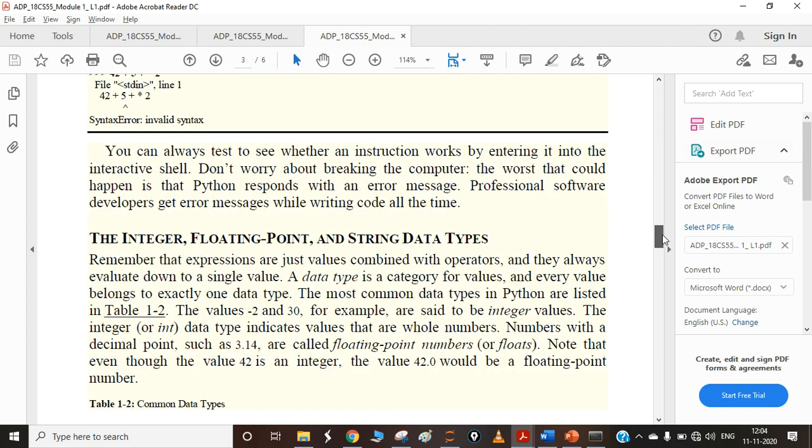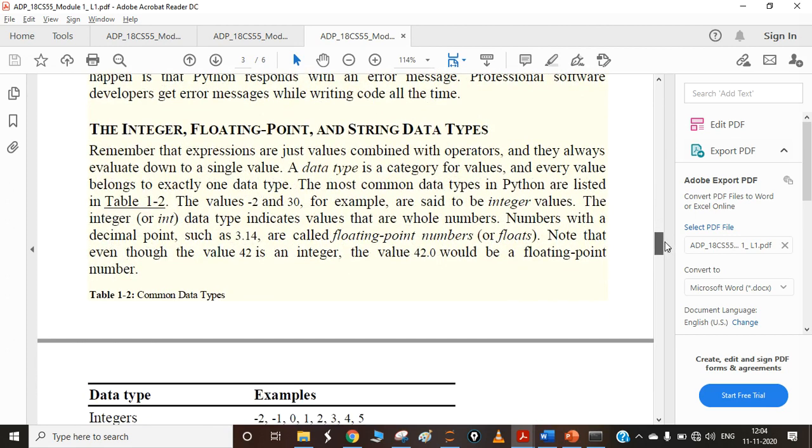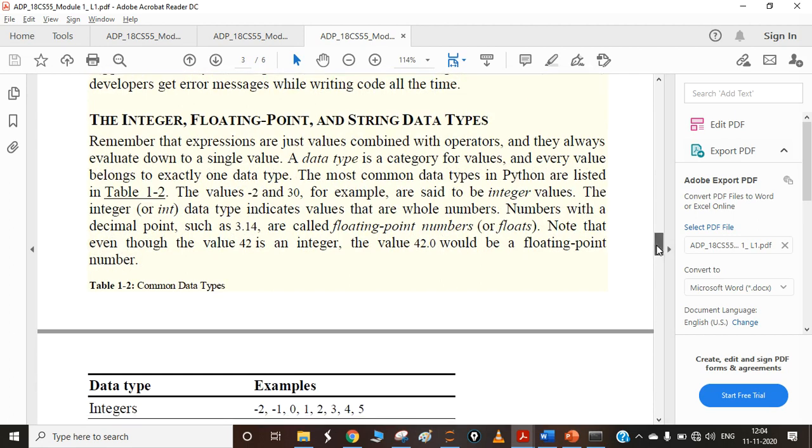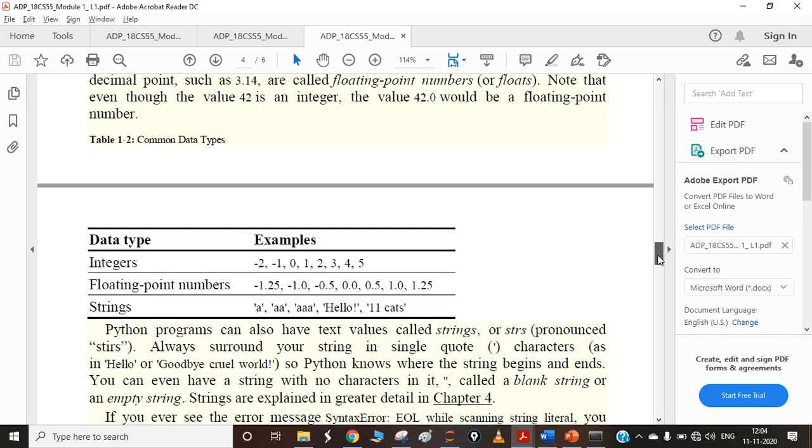Now let us start studying Python data types. Python has int, float, and string data types. Examples for integer data are -2, -1. All negative numbers and all positive numbers come under integer. And floating point numbers again, -1.25, -1.0: negative numbers with a fractional part and even positive numbers with a fractional part all come under a data type called floating point numbers.